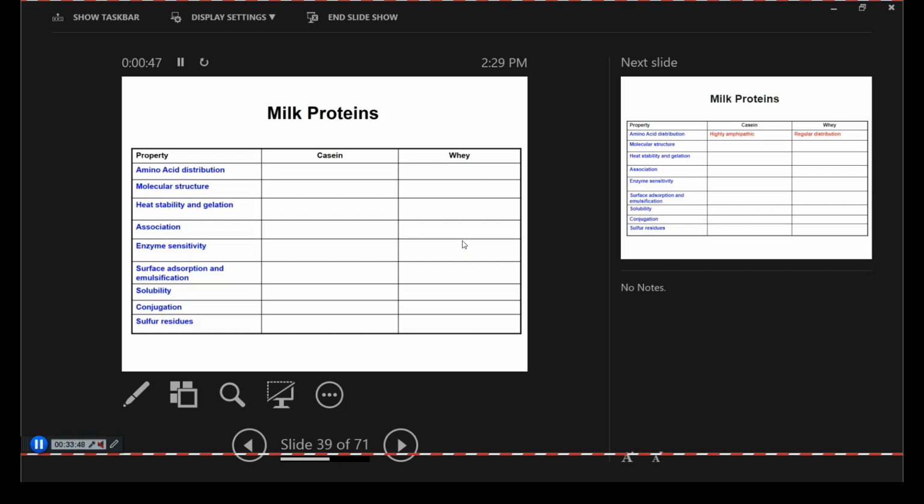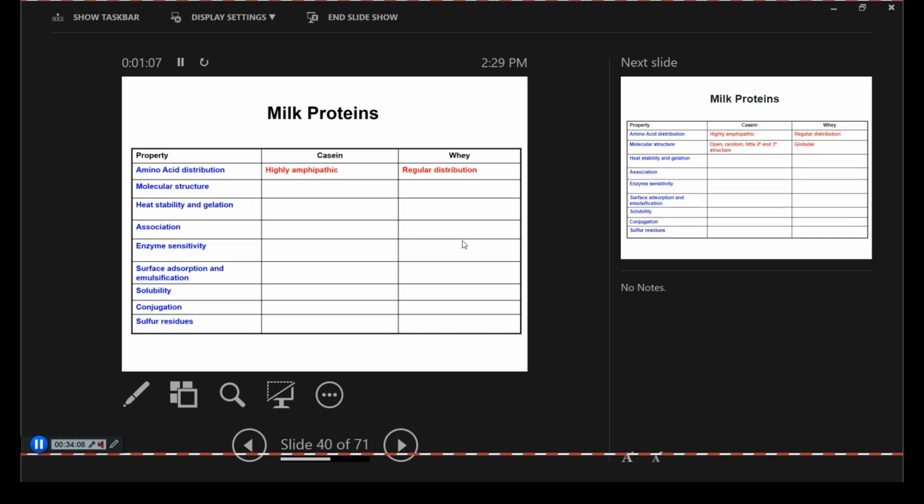Okay, now I'm nervous about my answer. That's okay. The casein had the polar ends on most of the subunits, whereas in whey, most of the polar residues were on the outside due to the globular structure and the nonpolar on the inside. You're very close. The theme here is that in casein we have pouches, concentrated areas where you have either polar or nonpolar residues, which makes it very amphipathic or amphiphilic.